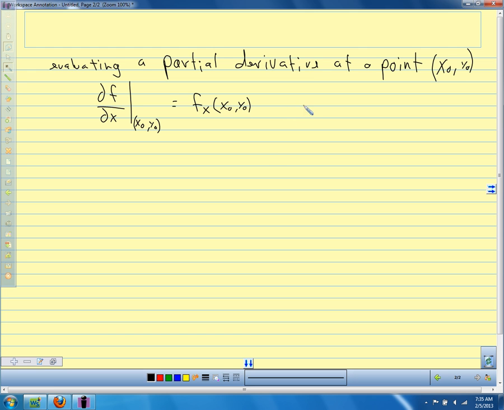And if we're taking our partial with respect to y, that's the same as saying f sub y at x0, y0. So those are two different notations for evaluating our partial derivative at a point. And again, to find our partial with respect to x, we hold y constant. To find our partial with respect to y, we hold x constant.